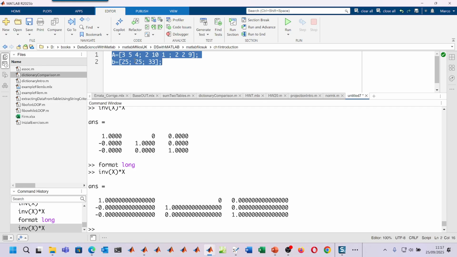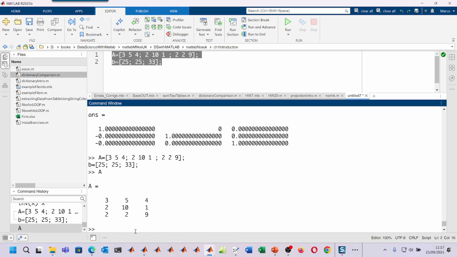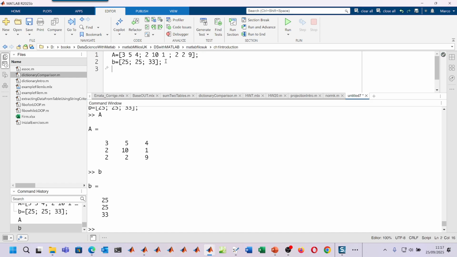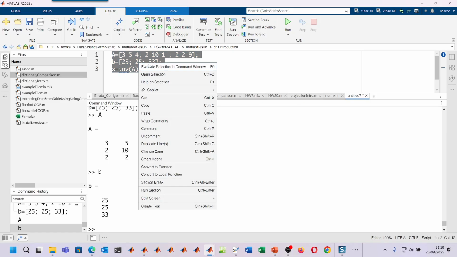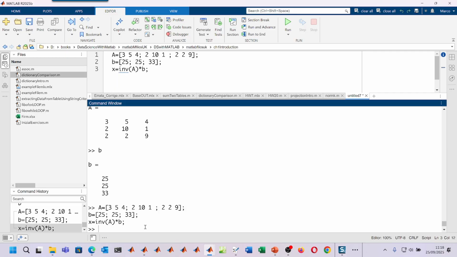Okay, let us make a check. This is A, and this is B. Right. X is equal to the inverse of A times B. So let us go back to format short.